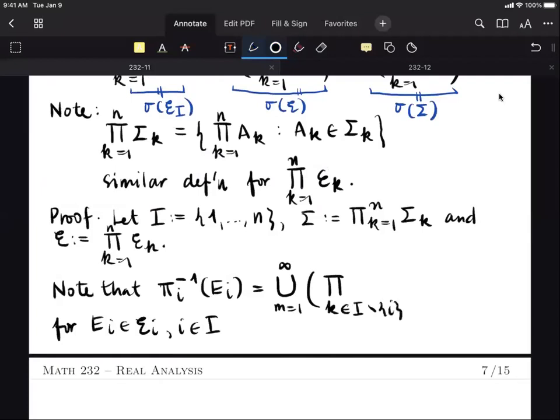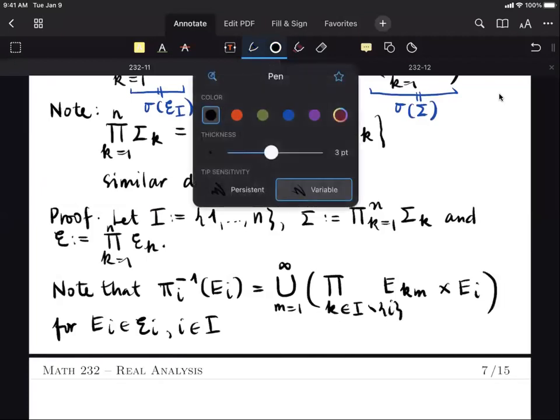You take all indices except I, so this is a finite Cartesian product, A_km cross E_I.